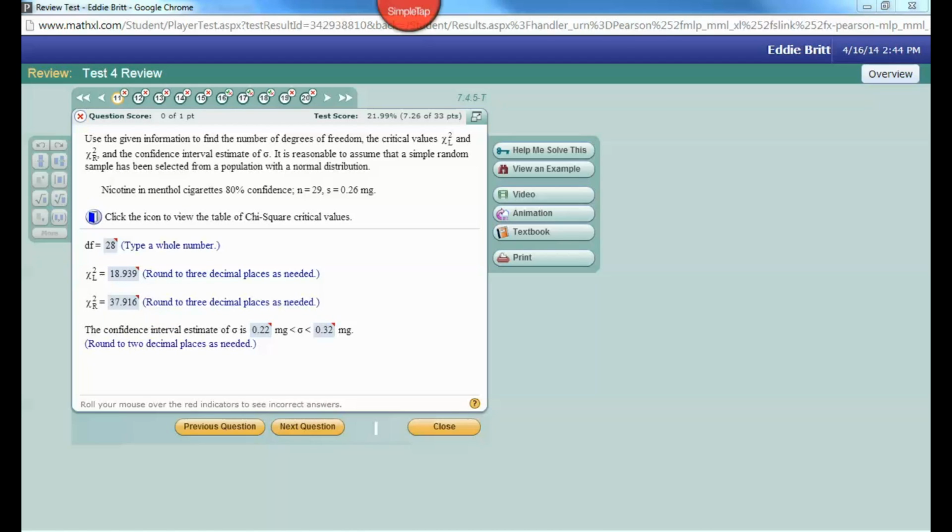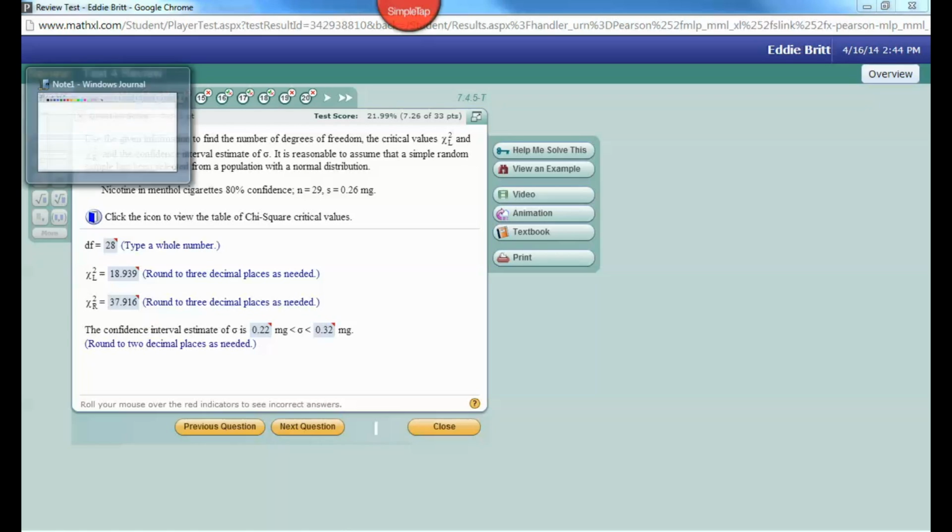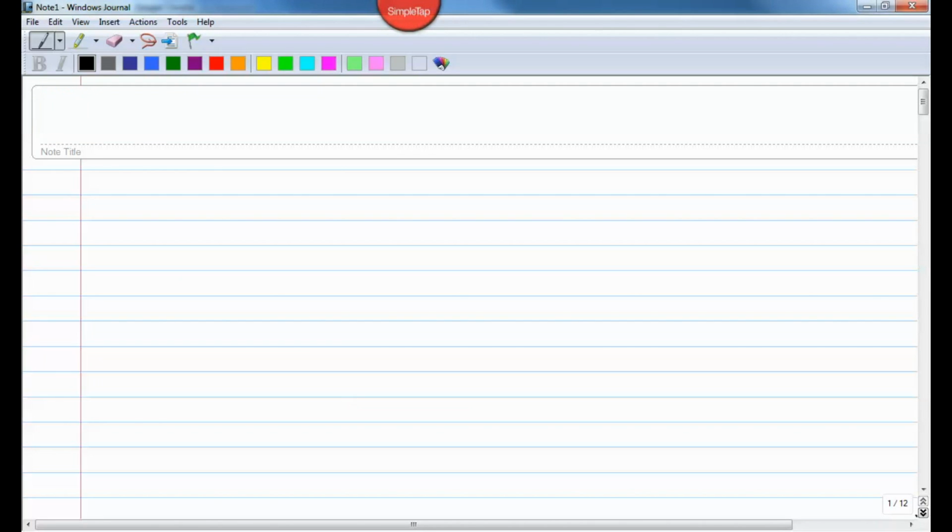The reason why we have a right and a left critical value with chi-square, we didn't have that with a z distribution. We didn't have that with the t distribution. Chi-square's values, if put under a bell curve, are generally not symmetric. I mean, they may be skewed one way or the other. And so, since they are skewed, I'm not going to have the same value on the x-axis where my critical values would be.